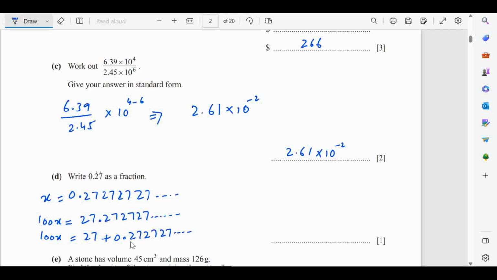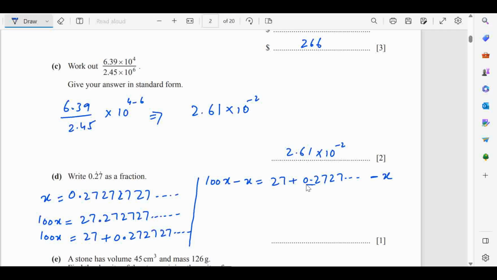Now we can further write it as 100x equals 27 plus 0.272727 and so on. From here we can subtract x on both sides. So 100x minus x equals 27 plus 0.2727 and so on minus x.